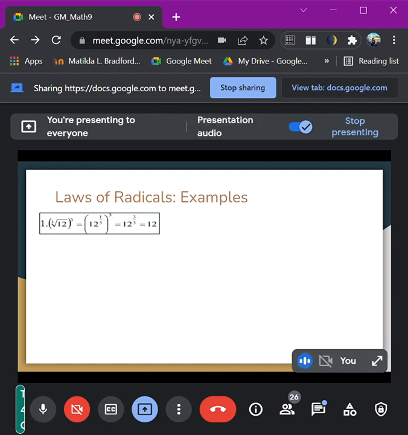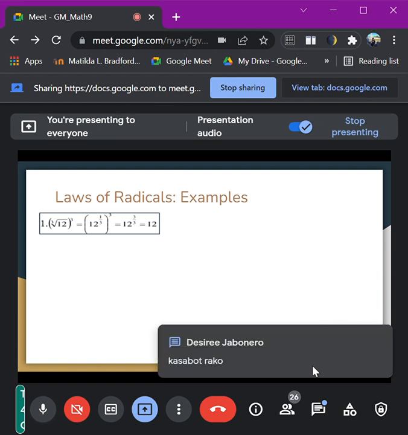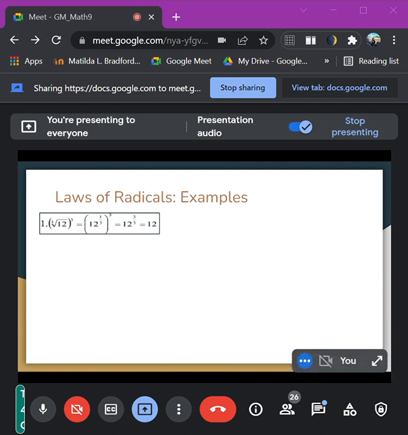Nasabtan ra ba ang first example? Actually, pwede nimong magamit if naa kay problem sa katong laws of radicals, applicable pod ang atong laws of exponents. As long as kabaw lang ka mo change from radicals to exponential form.